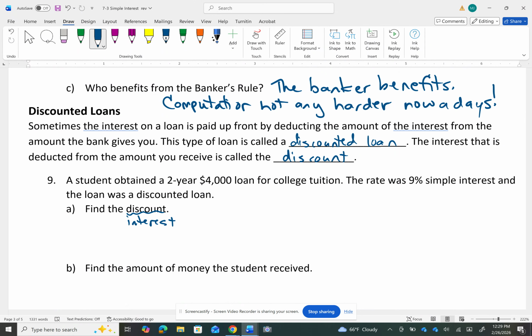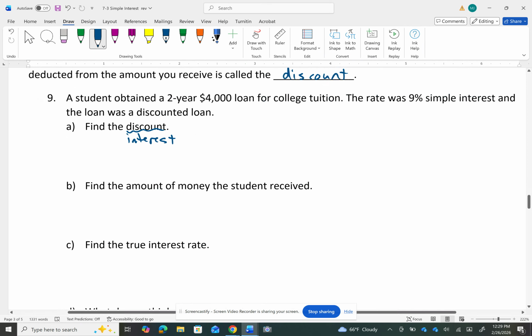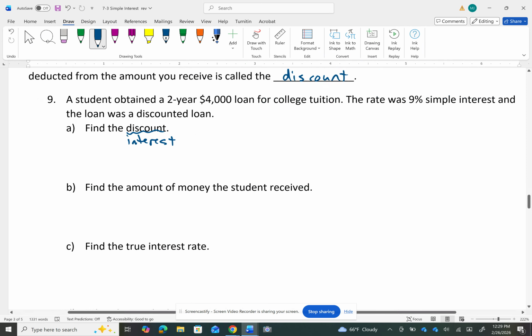All right, so let's see how this works. So here's a student that took out a loan for $4,000 for college tuition. It was a 2-year loan, and the rate was 9% simple interest, and the loan was a discounted loan. So first thing we're going to do is calculate the discount, which is really the interest.